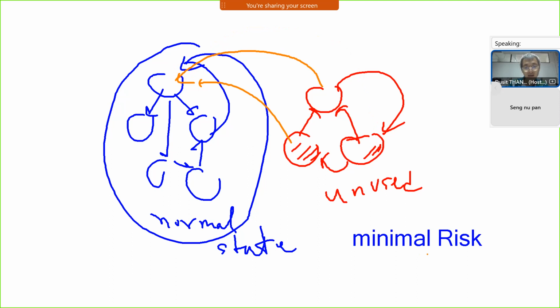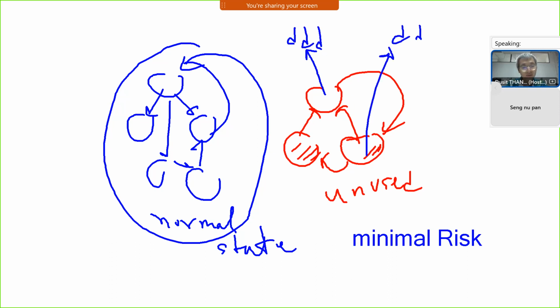But someone wants to minimize the size of the circuit. Someone does not define the next state of the unused state at the beginning, but lets the next state of the unused state be don't care. Go to some don't care.